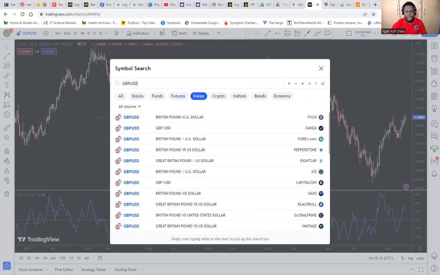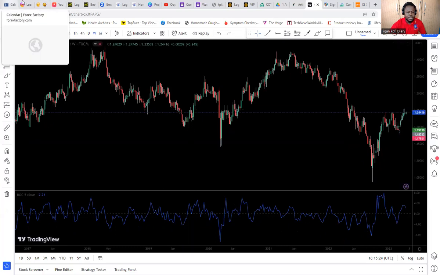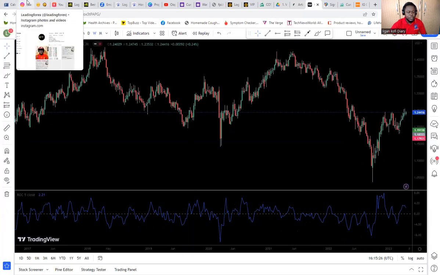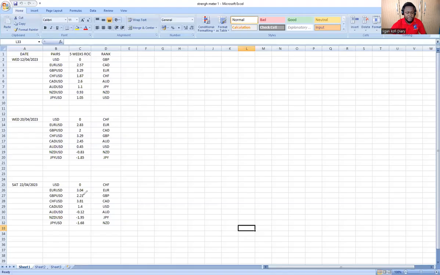Then you choose the first one, like I told you. Now it has finished loading GBP USD. And what is the figure? GBP USD is 2.21. So you go back to the sheet and put 2.21 there. You can see GBP USD is also 2.21 over here. So you do that to all.